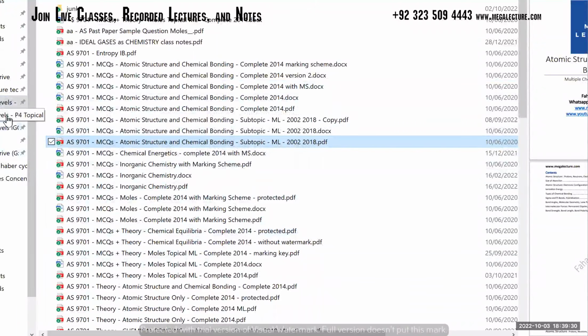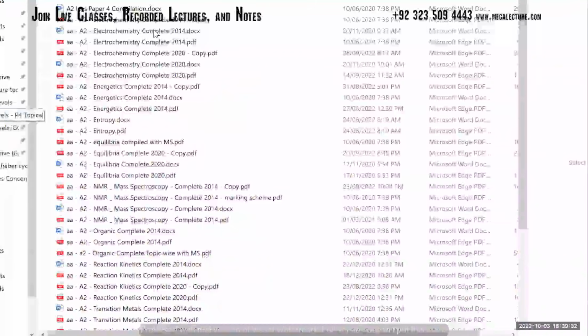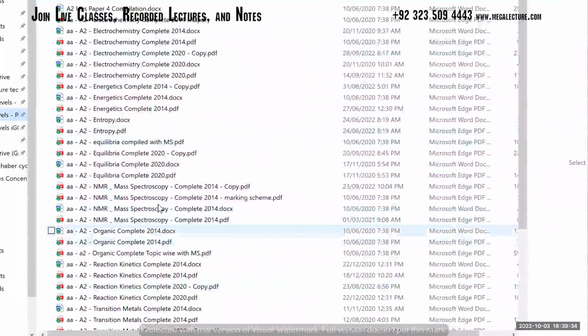1 second, where's A2? Transition, कहाँ पे है?